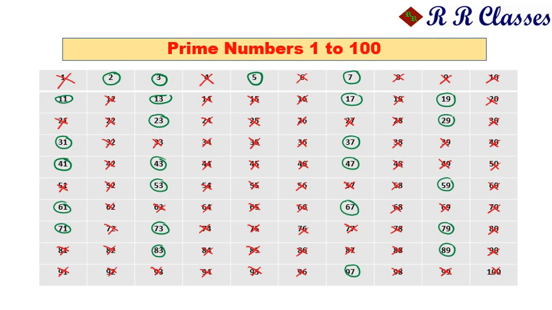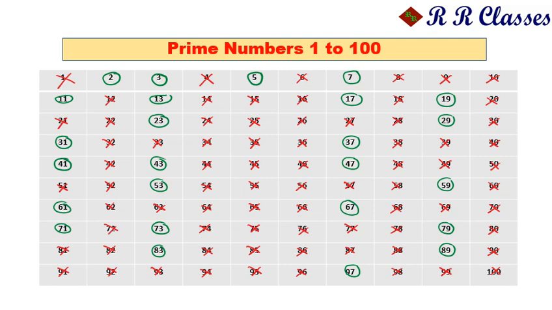So understood how to identify prime numbers between 1 and 100? I will repeat it. First strike out 1 because 1 is not a prime number. Then encircle 2 and strike out all multiples of 2. Then encircle 3, strike out all multiples of 3. Then encircle 5 and strike out all multiples of 5.